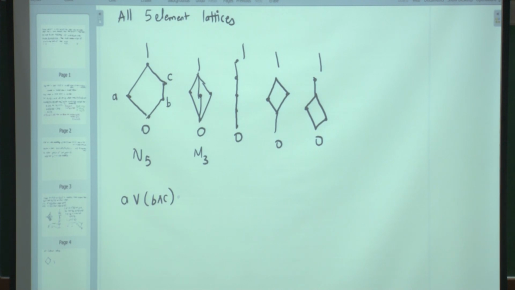B meet C is B. They are related, so therefore the minimum is the meet. So this is A join B. What will it be? Correct. A join B is the least upper bound of both of them. And what happens with A join B?